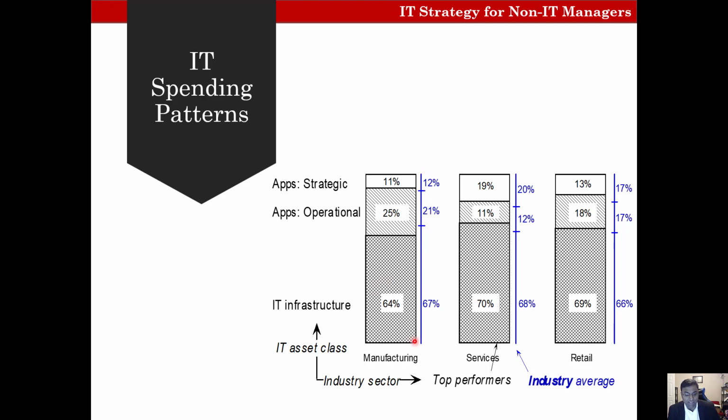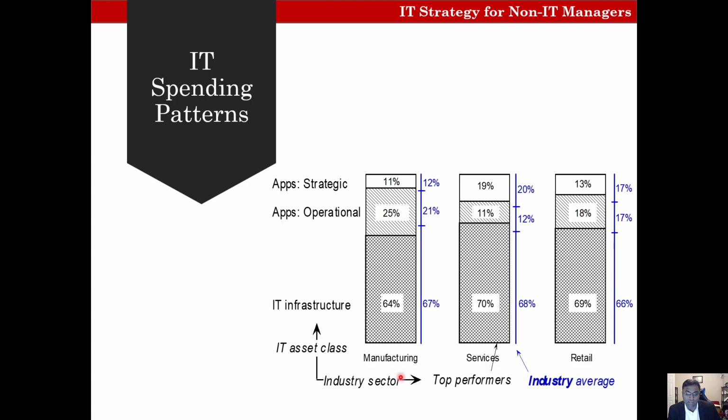You'll notice some really striking, interesting patterns here. Whether it's manufacturing, service, or retail, on average about 65 to 70% is invested in infrastructure. Here is the industry average, and here is what the top performers invest in.